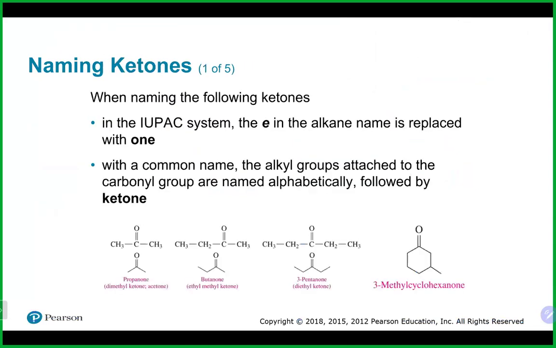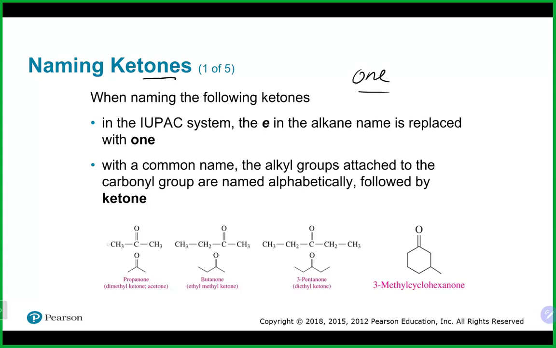Let's talk about naming ketones. So ketones are a little bit different. We drop the E off of the alkane name, and a ketone ends in ONE. We give the name of the longest carbon chain that has that ketone group.